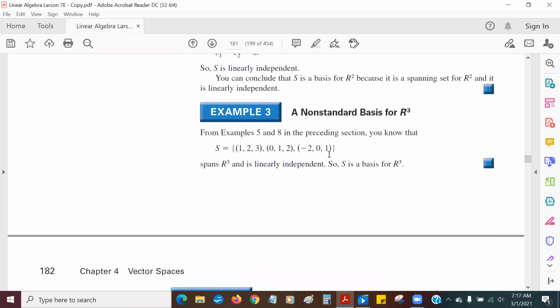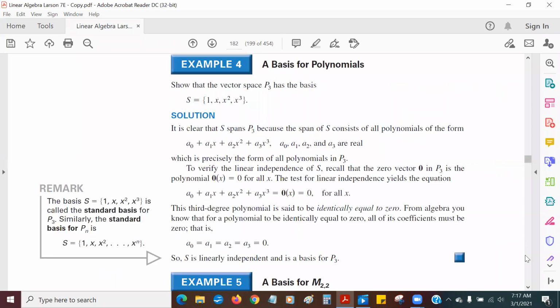So we want to show that this is a basis, which means you want to show that it spans the vector space R3 and it is linearly independent. Which would mean that S is a basis indeed for R3.